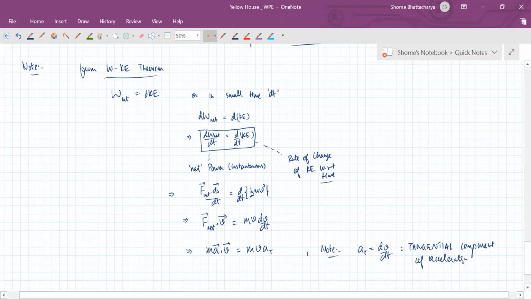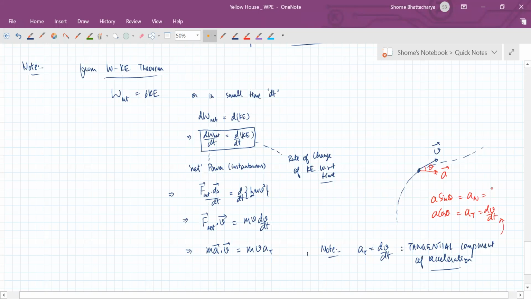Okay, so to understand this point, just think of a particle going in a curved path like this. So at any point of time, its instantaneous velocity and its instantaneous acceleration will have a relationship like this, where if this angle is theta, you can see that a sine theta is the normal component of acceleration and a cos theta is the tangential component of acceleration, which is dv by dt, change of speed.